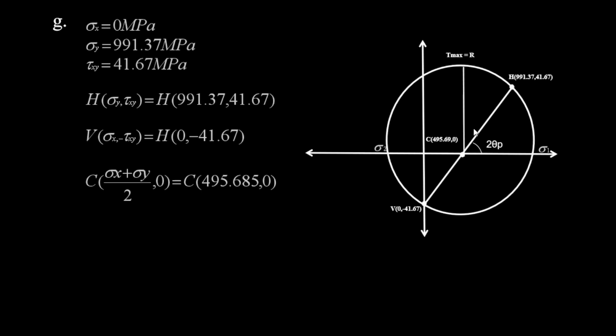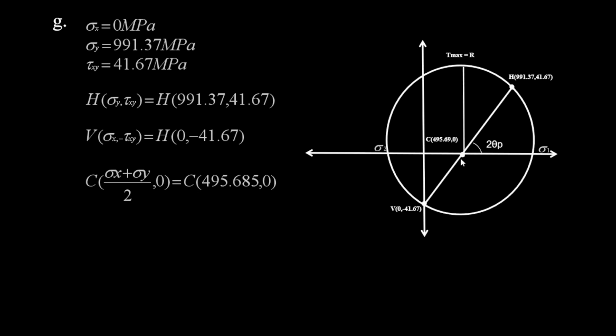You can see that the radius over here is like the slope. If you're finding the length of a slope, it is the root of change in x squared plus change in y squared. That's from here to here, like the radius.